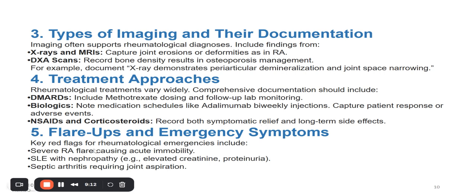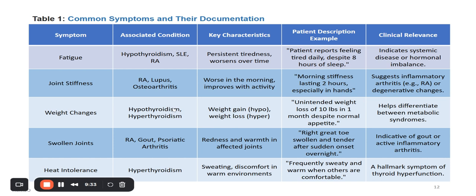Flare-ups and emergency symptoms. Key red flags for rheumatological emergencies include severe RA, rheumatoid arthritis, flare causing acute immobility; SLE, systemic lupus erythematosus, with nephropathy, for example elevated creatinine and proteinuria; and septic arthritis requiring joint aspiration. Summary tables.